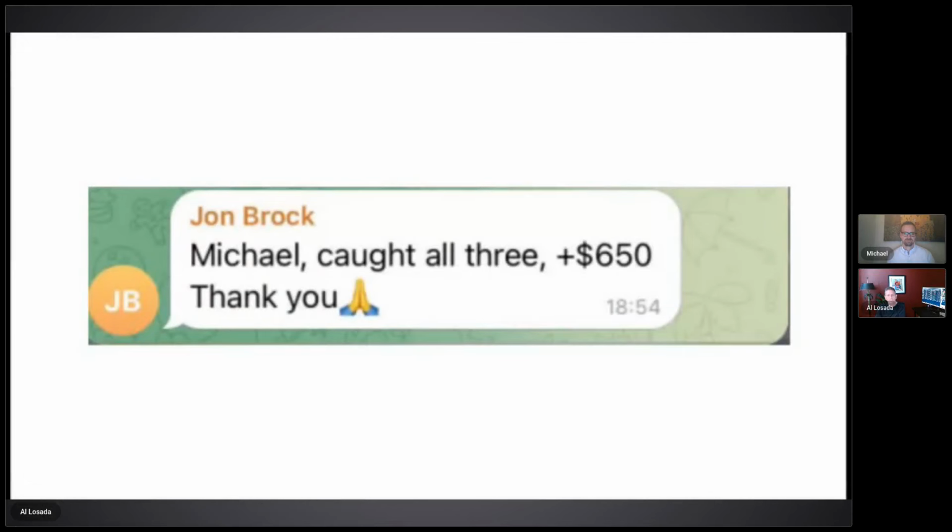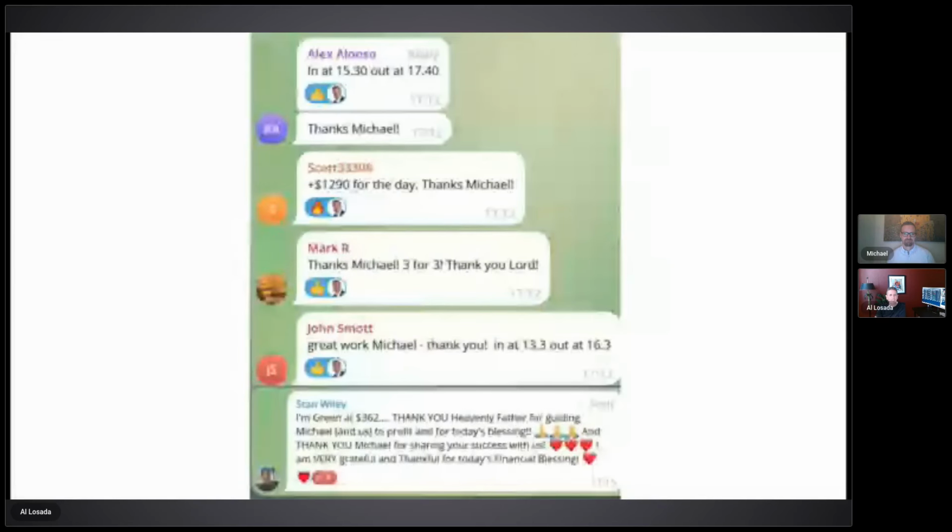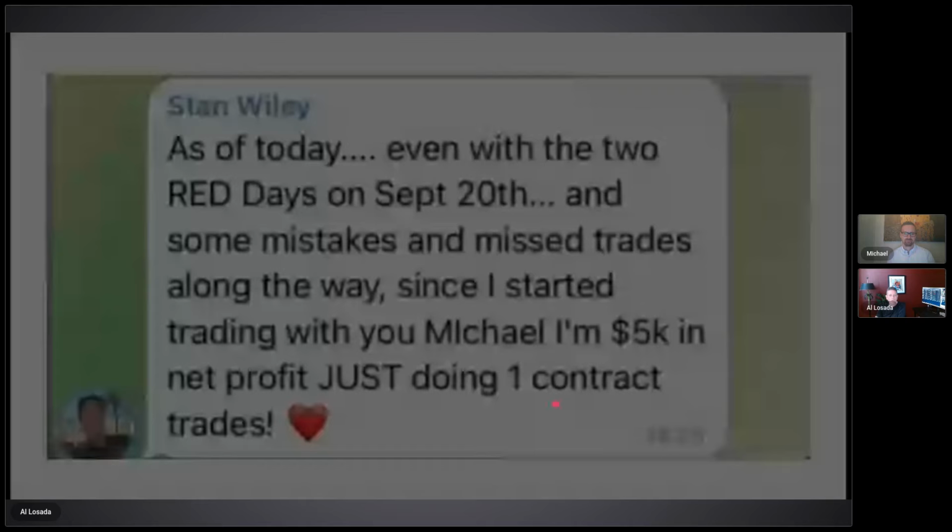Remember, most of these guys are trading 1-2 contracts, but it's a great amount of money for a day. Things are just working really, really well.